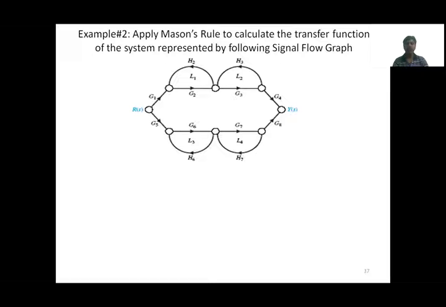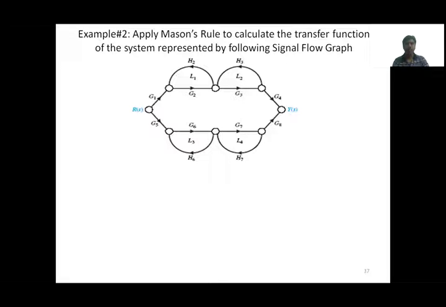Then we have to find the non-touching loops, 2 non-touching loops, 3 non-touching loops, and so on. Then we substitute all these gains in the Mason's gain formula. Therefore, finally we will get the transfer function of the given signal flow graph.